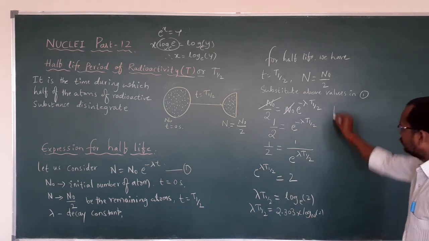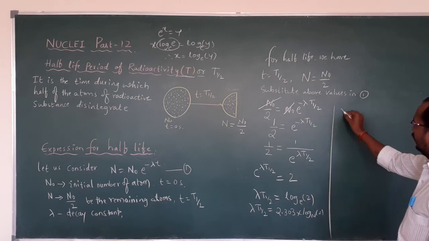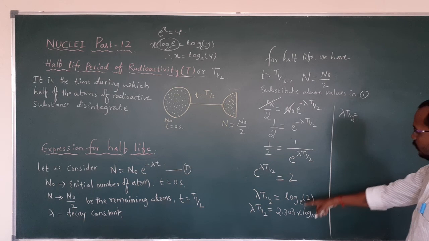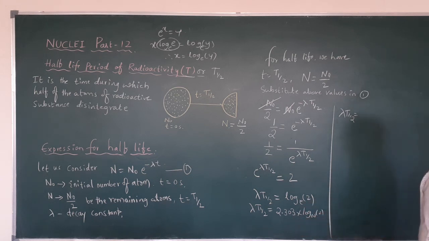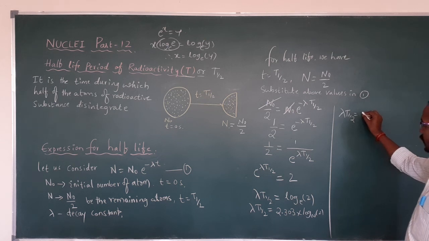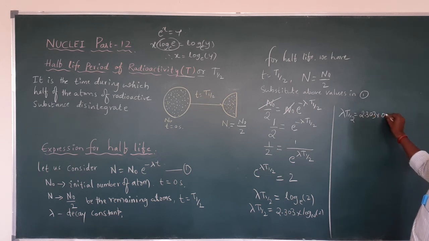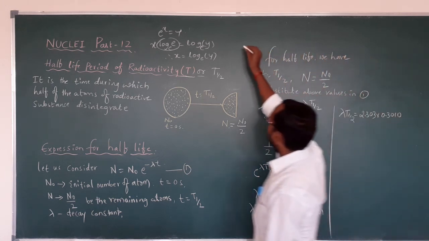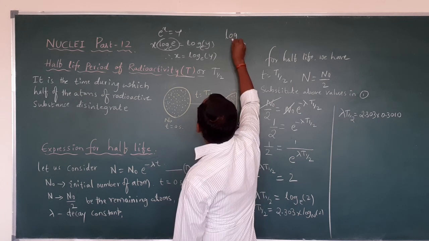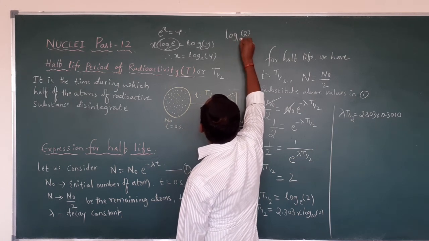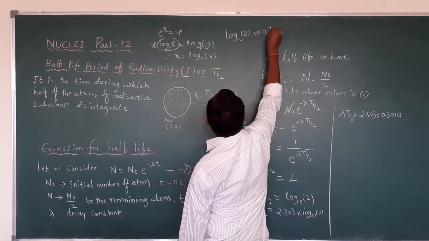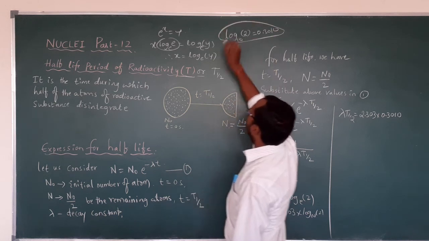Now lambda T half is equal to 2.303 into log 2. Log 2 to the base 10 value is 0.3010. You should remember this.